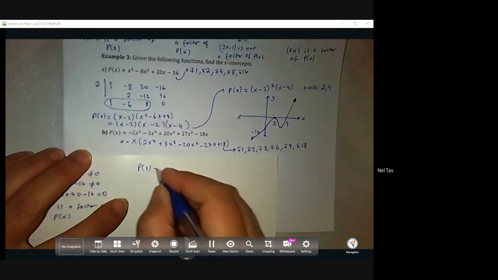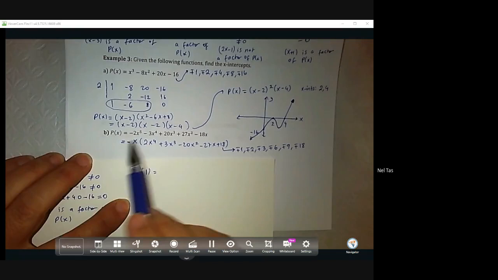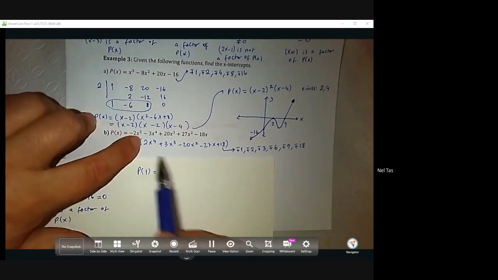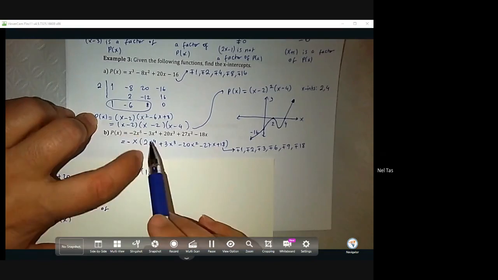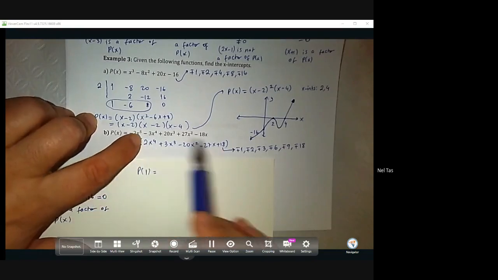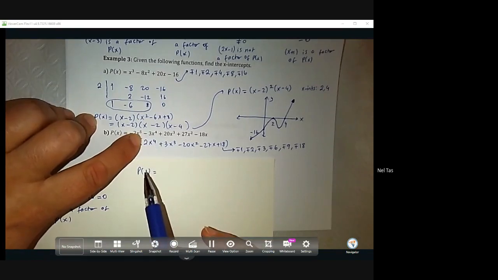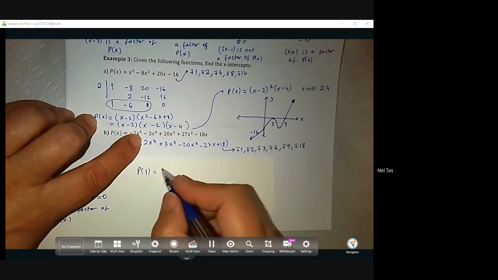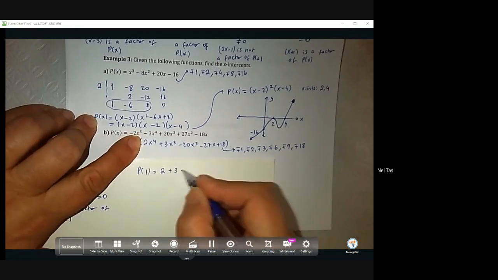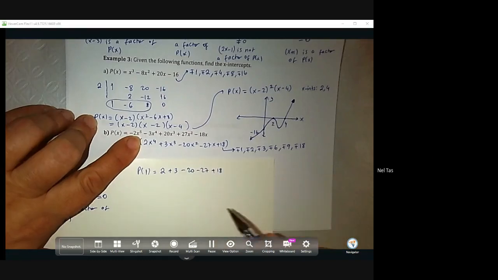P of 1. Because I already factored out negative x, I'm just going to look at this part, after the negative x is factored out. I'm going to substitute 1 here to see if x minus 1 is a factor of this part. Substituting 1: 2 plus 3 minus 20 minus 27 plus 18.